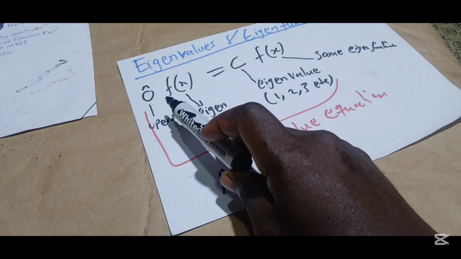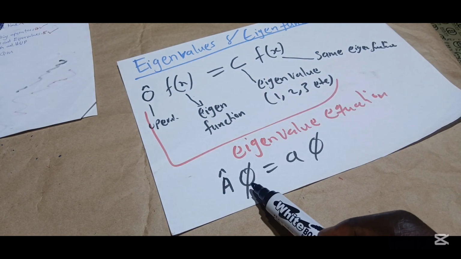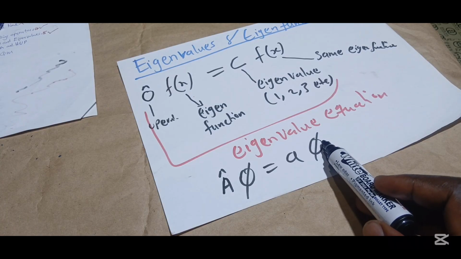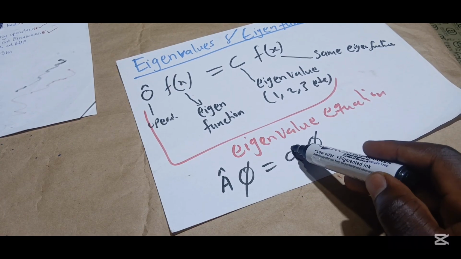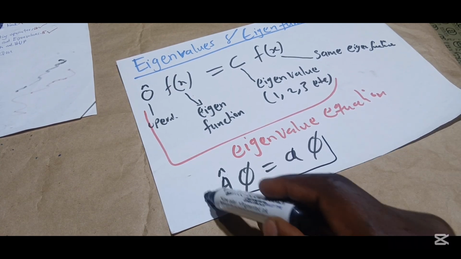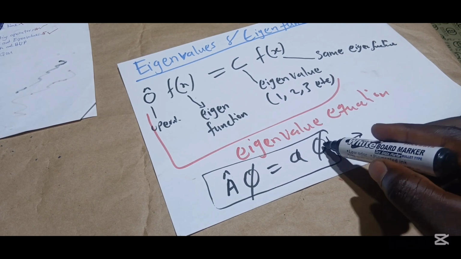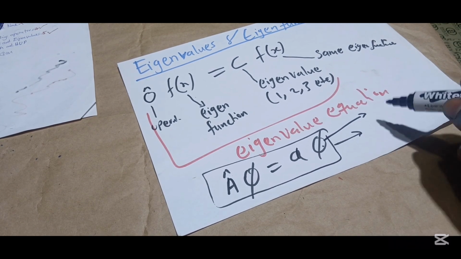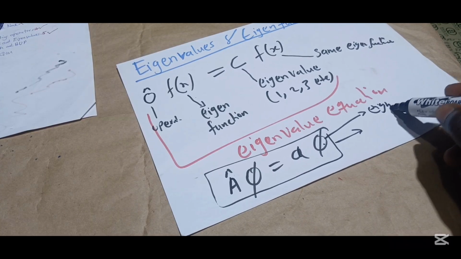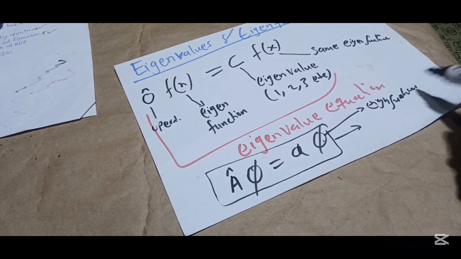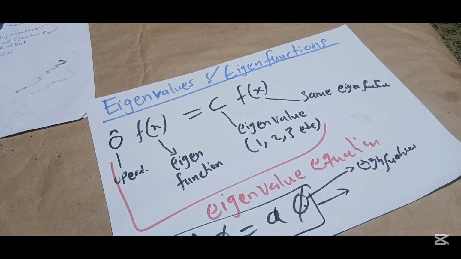So we have an operator operating on a function to give us the same function at the other side with a constant, then the whole term becomes an eigenvalue equation. And the function that the operator is working on is called an eigenfunction. That is what you should know now.